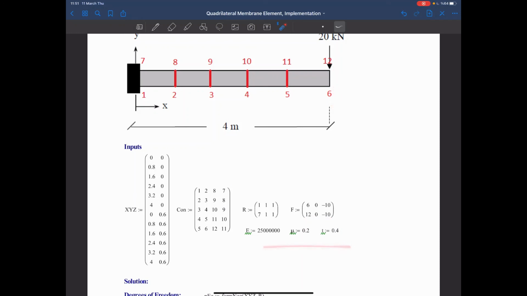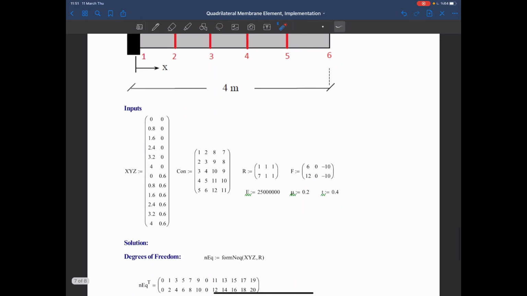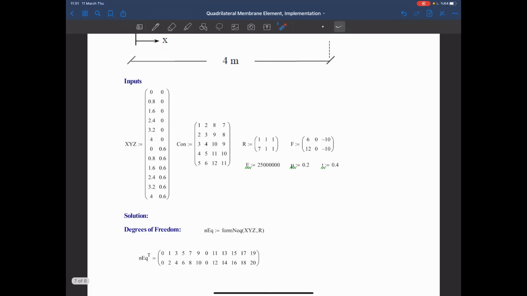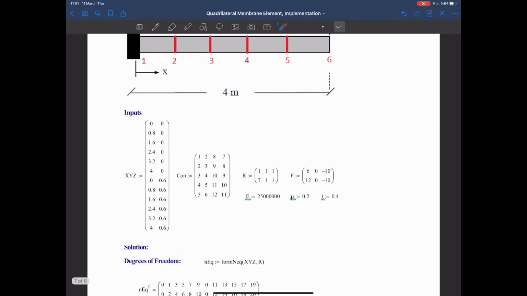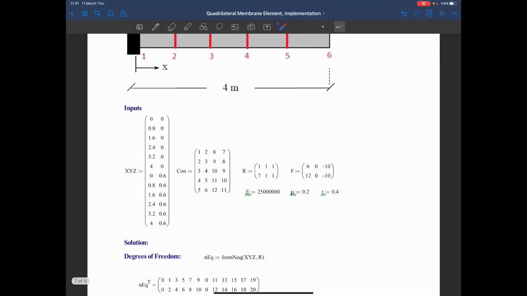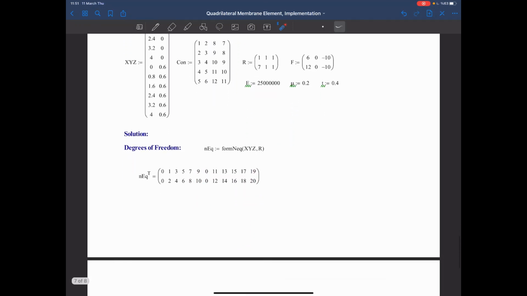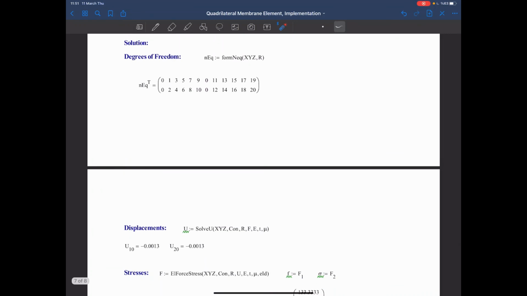First, restraints, no translations, and at the tip I got 2 point loads in the downward direction, 10 and 10, and the same material properties. When we look at the degrees of freedom, these are the assigned equation numbers for each node. So I should be looking at the 6th node, this one, and the 20th equation for the tip displacement, and this 10 and 20 should give me the vertical translation.